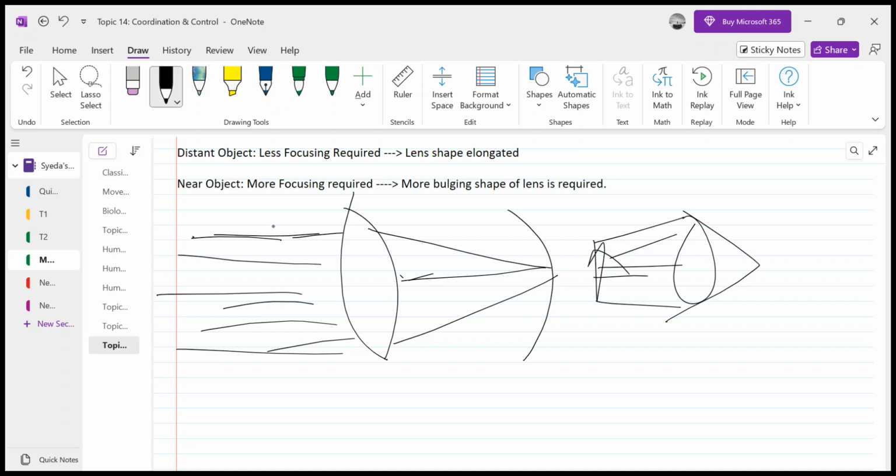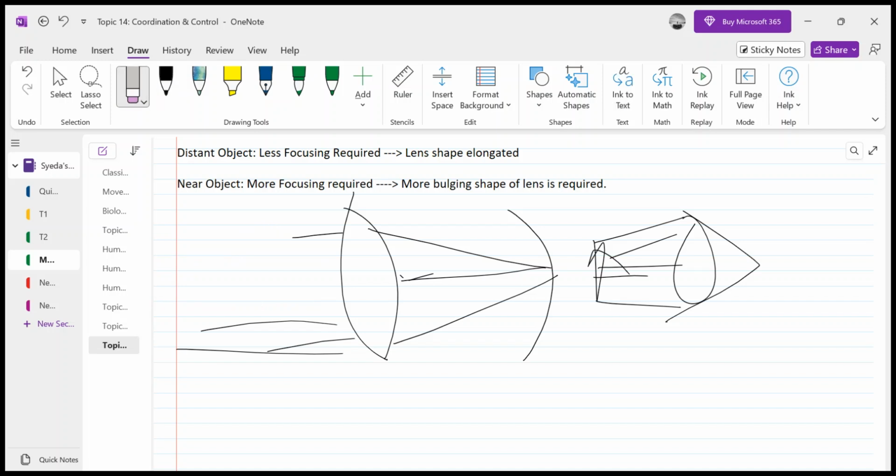Whenever we are teaching this topic, we expect students to have basic knowledge of image formation, refraction, and all that. So I hope the previous background knowledge would be helping you out. If you do not have it, you will be able to relate it whenever you do the light and image formation chapter.